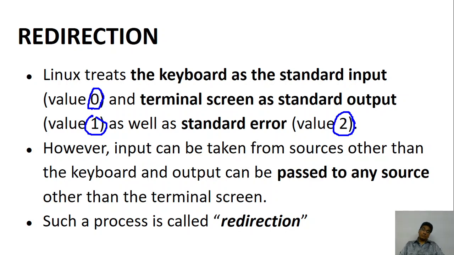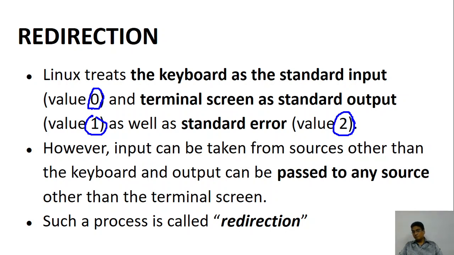We don't need to bother much about it unless we want to change that. Suppose you don't want the input to come from the keyboard, and you want the input to come from something else, then you need to redirect your input. For example, I want the input to come from a file. In that case, I have to redirect the standard input from the file.